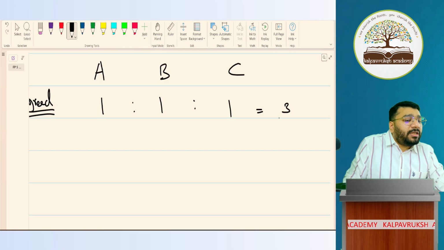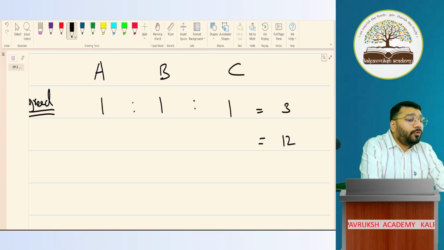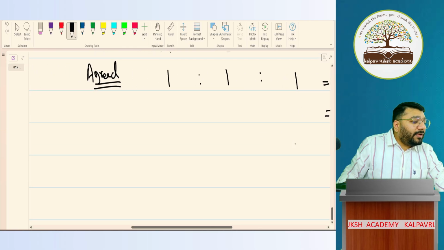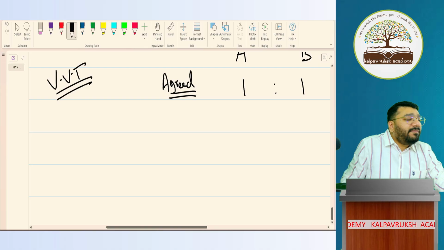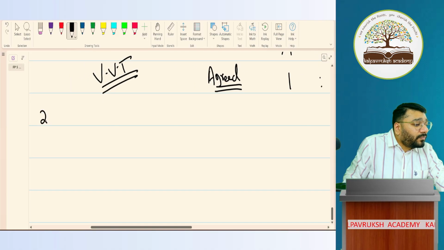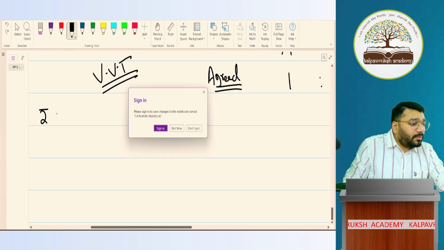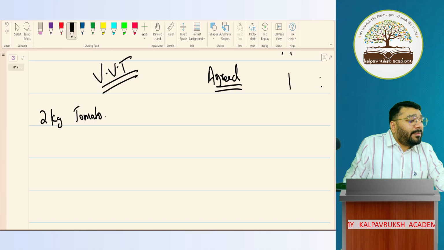Now, imagine if the profit earned is 12 rupees, how much will each one of them get? How do you get that 4, 4, 4? Now listen to me very carefully. We will apply one technique here called the VV technique, vegetable vendor technique. What does the technique say? 2 kg of tomato is at a rate of 100 rupees.